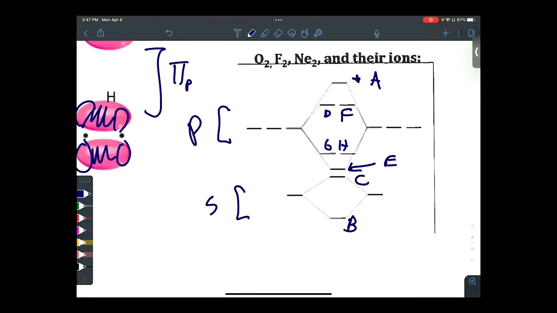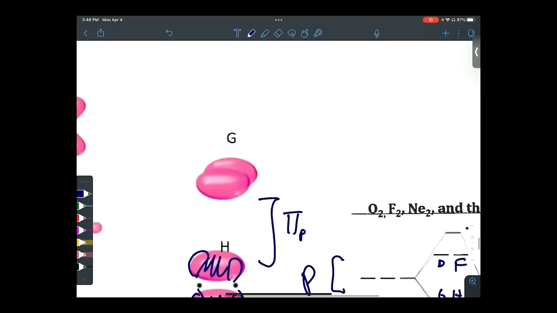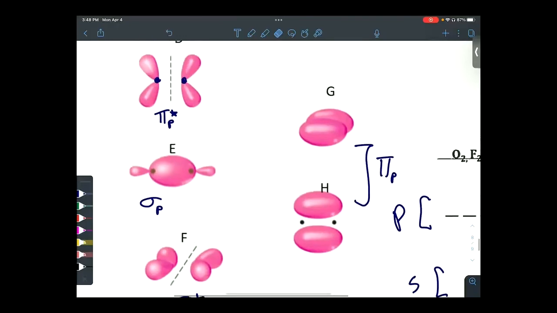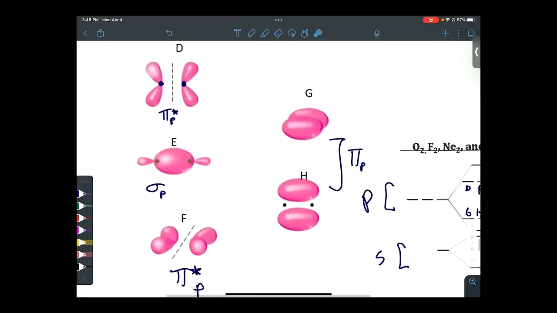Yes? It's not on the internuclear axis, but it's above and below the internuclear axis, but it's still concentrated between the atoms. So contrast this picture, so H, contrast H to D. See how in D, the electron density is still above and below the atoms, but it's away from the atoms themselves.